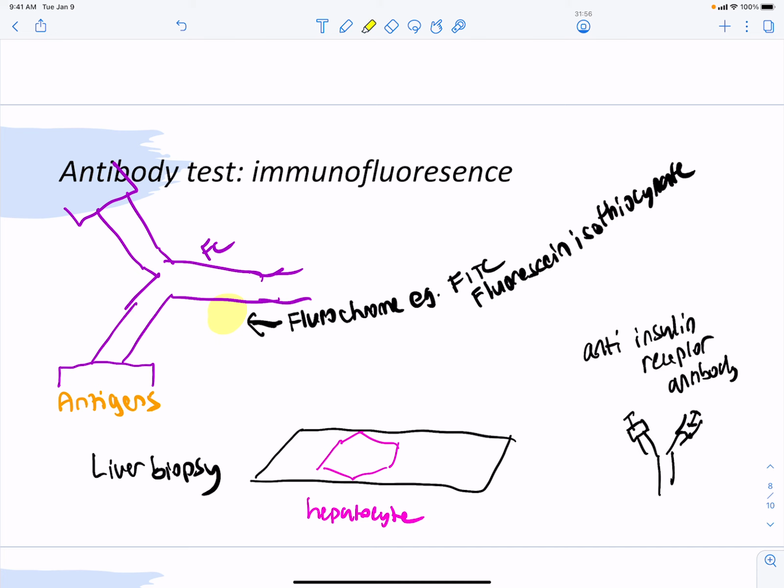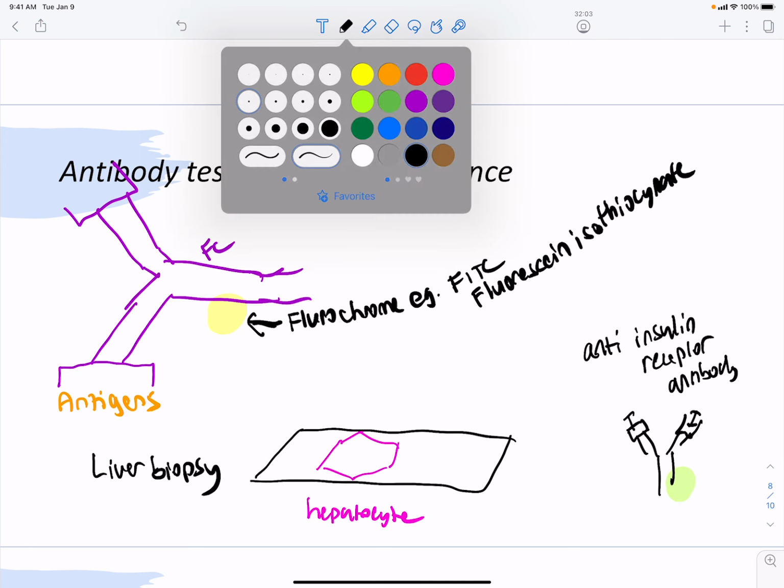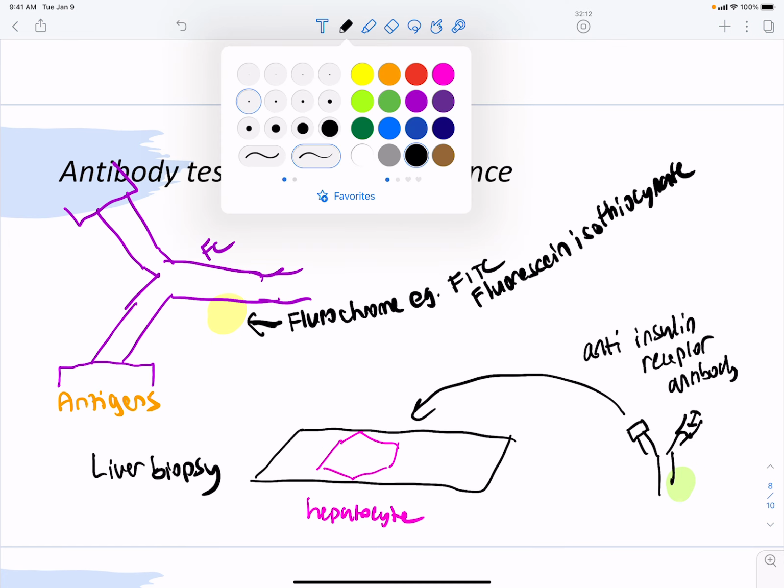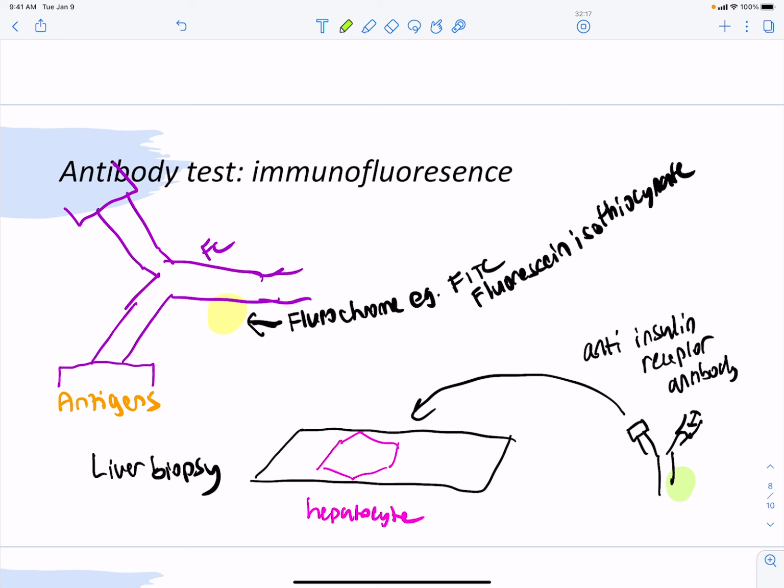And then this antibody will be tagged with a fluorescent marker. Let's say it's green. You basically add this antibody to your slide. And then it'll bind. So it'll bind to the actual tissue. And you'll get like these little green sections, the edges, for example, because the insulin receptor will be on the edges. And so the antibody is basically glowing wherever the insulin receptors are.